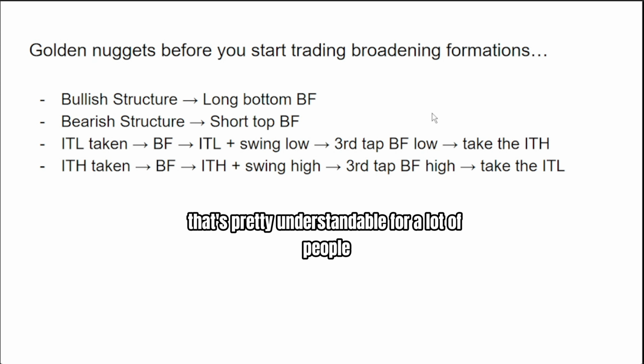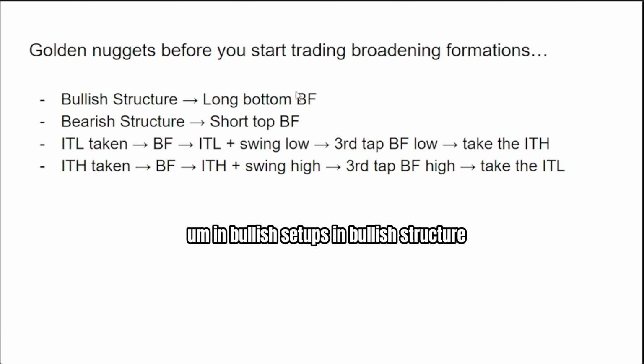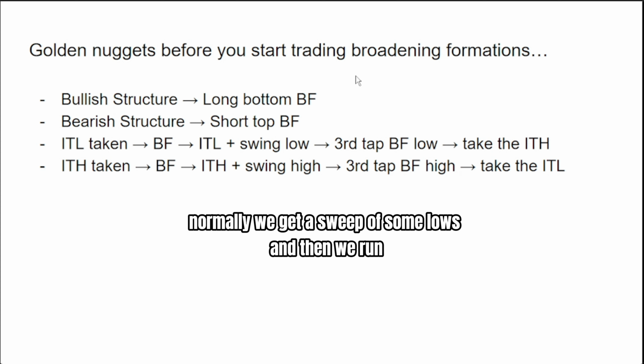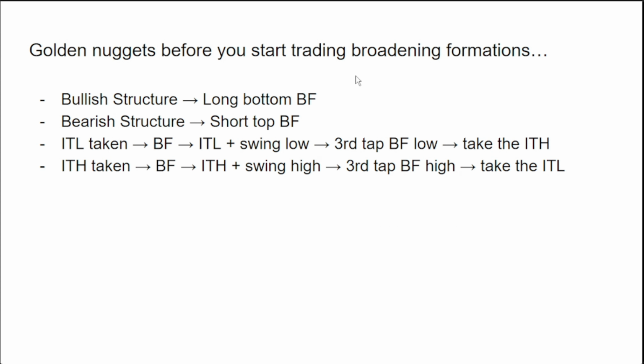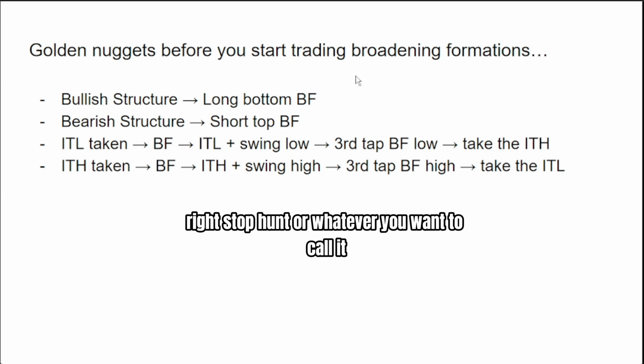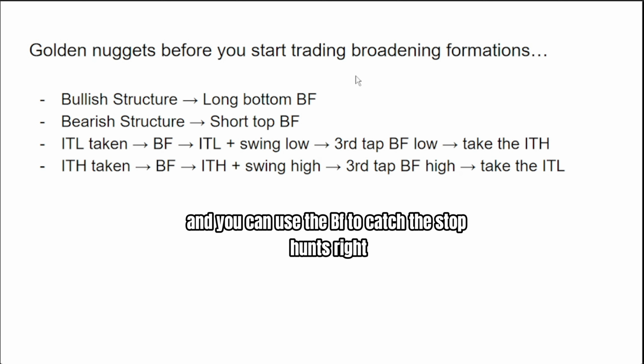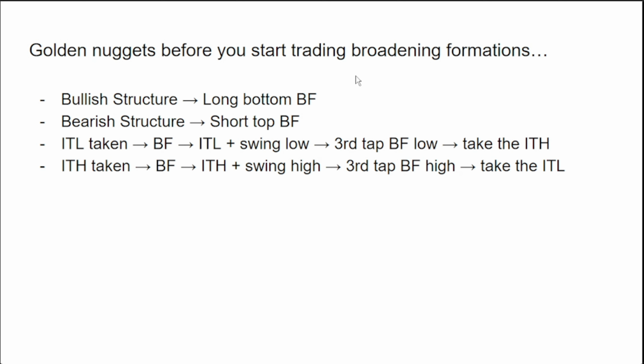I think that's pretty understandable for a lot of people. In bullish setups, in bullish structure, normally we get a sweep of some lows and then we run, right? Stop hunt or whatever you want to call it. And you can use the BF to catch the stop hunts, right? That's quite the idea of this.